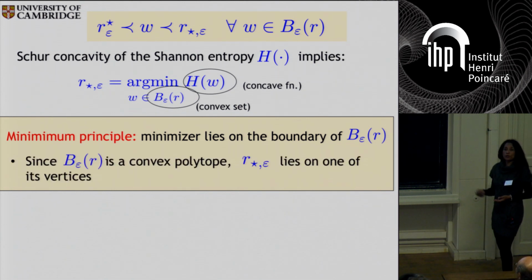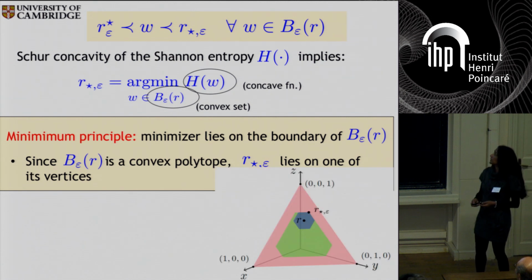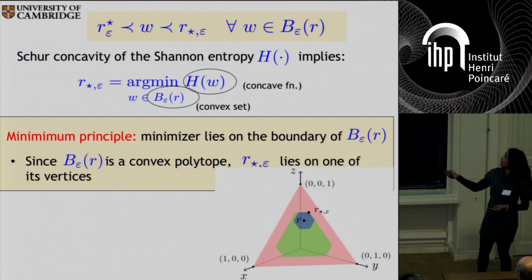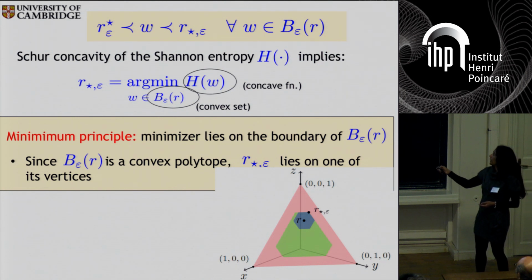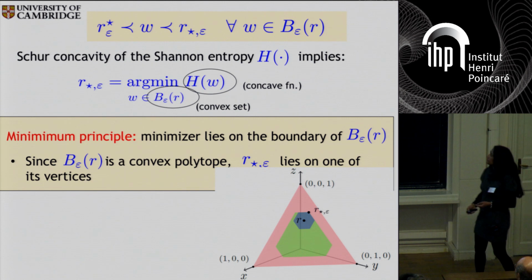And since B epsilon R is a convex polytope, it lies on one of its vertices. And we find that it is in fact this vertex which is the minimum, and which respects what we required, that its convex hull should contain the entire ball.